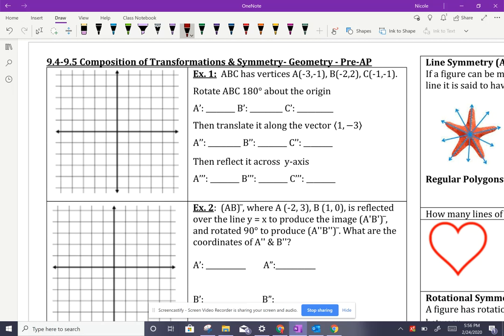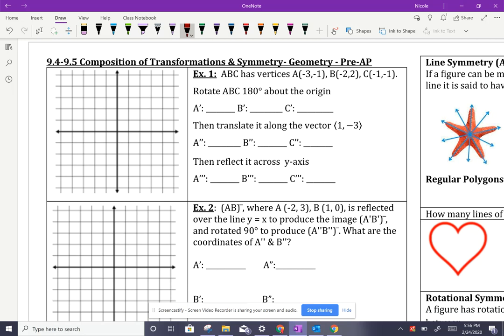So we're taking information from our previous problem basically and using that information for our next problem. So first we're starting off with example 1. We've already covered all of the types of transformations we'll do, so you're not learning anything new. You're just compiling all your skills together for one problem.